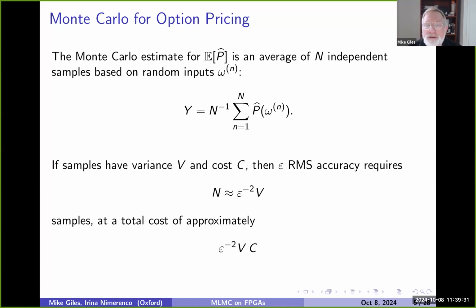That gives us a Y, which is an estimate for the expected value of P-hat, this numerical approximation. If the samples have a variance of V and a cost per sample of C, then to get epsilon root mean square accuracy, the number of samples we have to take is roughly epsilon to the minus 2 times the variance V. And then the total cost is that times C, so we have epsilon to the minus 2 V C.